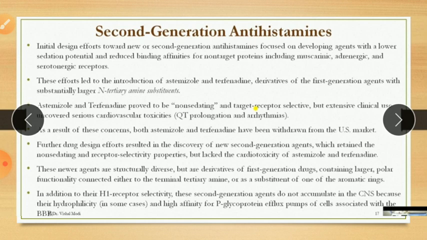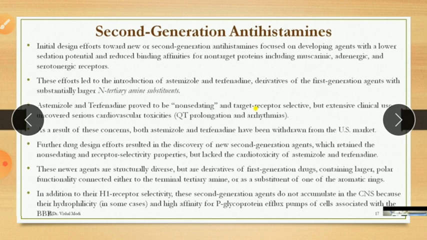So these second generation agents are non-sedating and receptor selective, but they have another side effect, that is cardiac arrhythmia due to blockade of potassium channels in cardiac tissue. Such effect is observed commonly when these drugs are administered with other drugs that inhibit cytochrome metabolism, such as ketoconazole, itraconazole, erythromycin and clarithromycin.